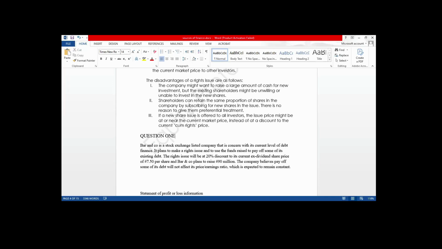Question number 1, sources of finance. While we await your question, refer to the study pack. Question 1, Banco. Page what, sir? Page 139, question 1.